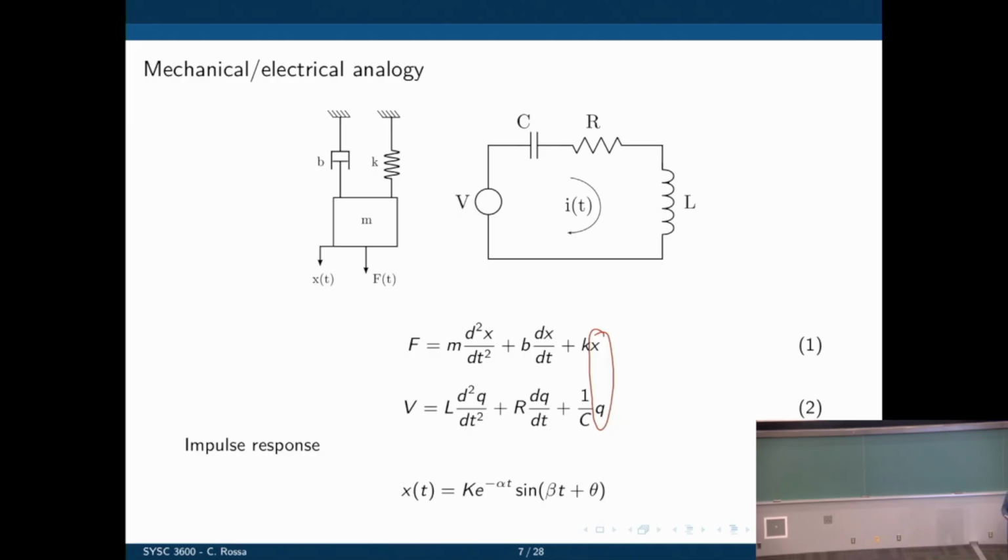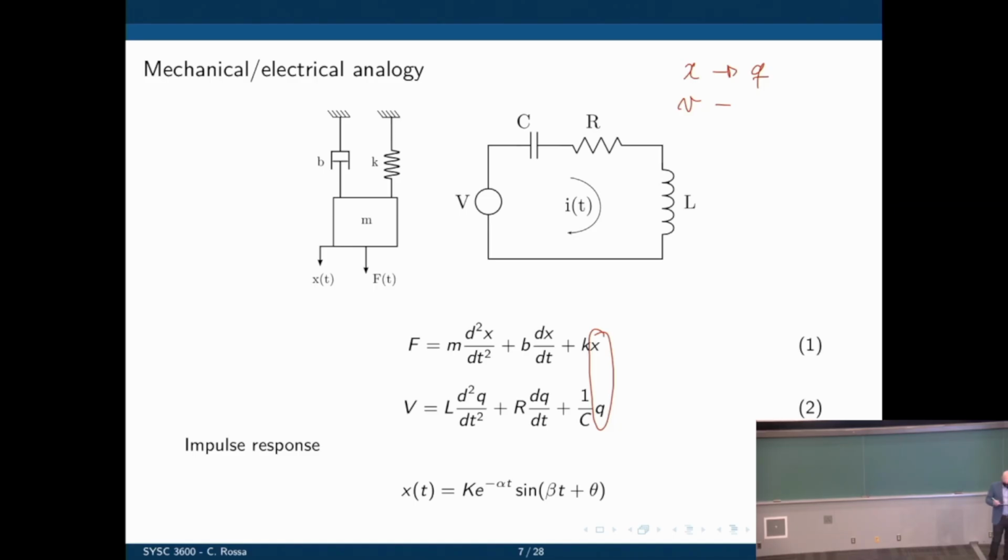So the position and charge. Position equals charge. If you take their derivative, then you're going to have speed equals current. The derivative of charge is the current, and this is precisely what we see here in the second element. dx/dt equals dq/dt, which is speed and current. And then the last one is the equivalent of acceleration, but for us that has little interest.